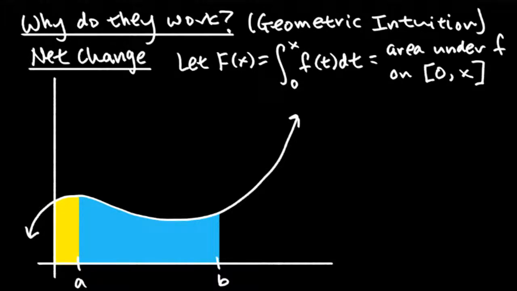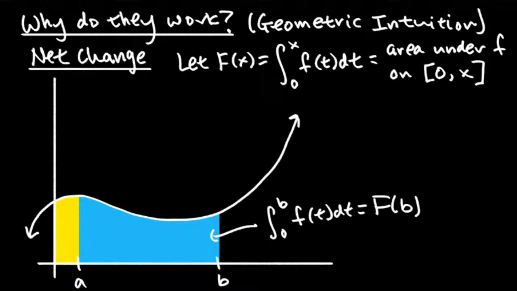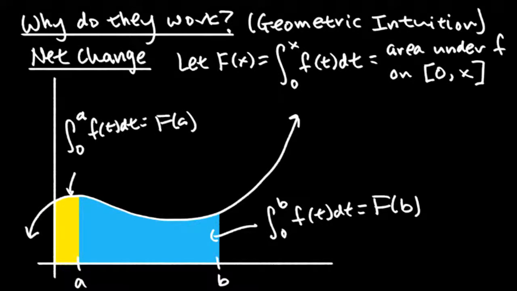So in other words, let's look at exactly what we have. First we have this. This is the integral from 0 to b of f of t dt, in other words, big F of b. And then here we have the integral from 0 to a of f of t dt, which is big F of a. Let's take that away, and we get this, right?